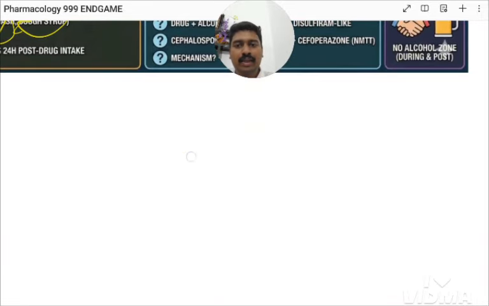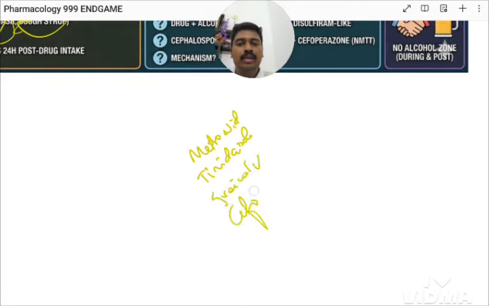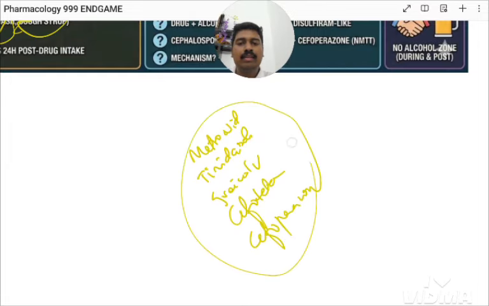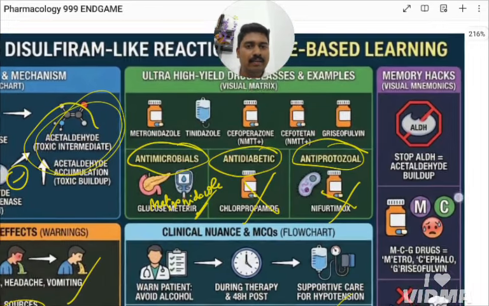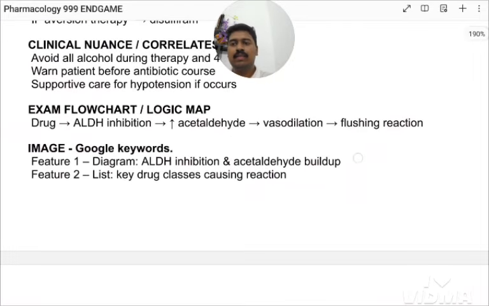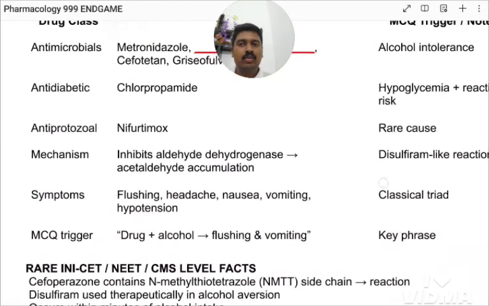What is important? These 5 drugs: metronidazole, tinidazole, griseofulvin, and 2 cephalosporin antibiotics, cefotetan and cefoperazone. These are the 5 drugs that we'll remember. The rest I have explained already, so we'll go to the questions. Only one question.